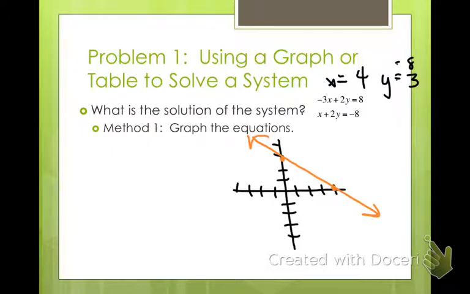Okay, for my other one, if I make x be 0, y is negative 4. And if y is 0, then x is negative 8. So negative 4 on the y-axis, and negative 8 on the x-axis.